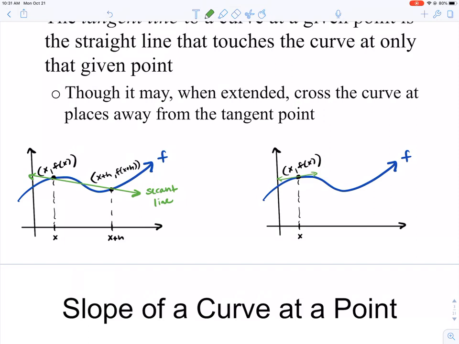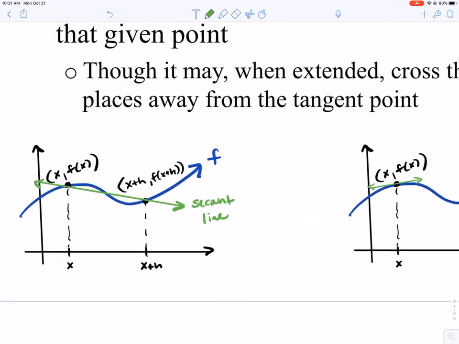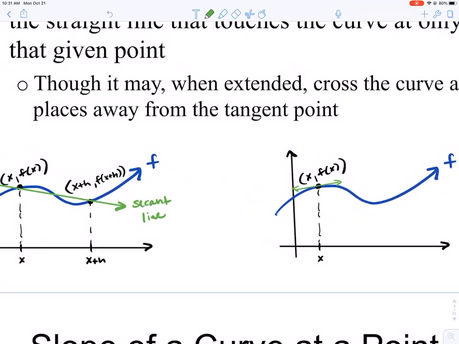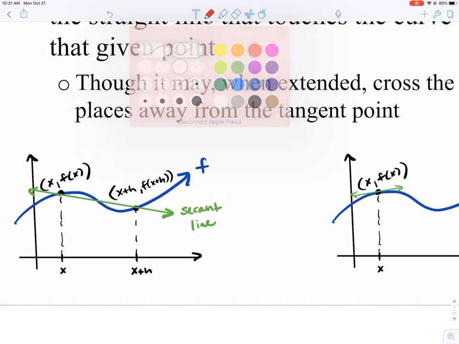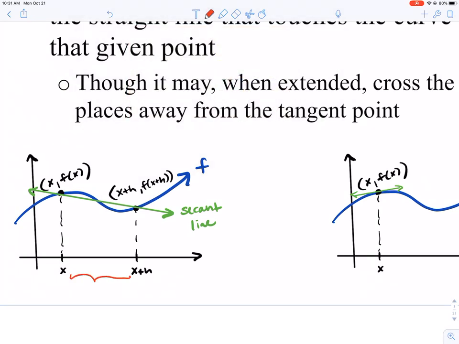So the secant line, and then we have the tangent line. Here's our secant line, here's our tangent line. Now remember in the picture of the secant line, the h represents the length of the interval that you're calculating average rate of change over.